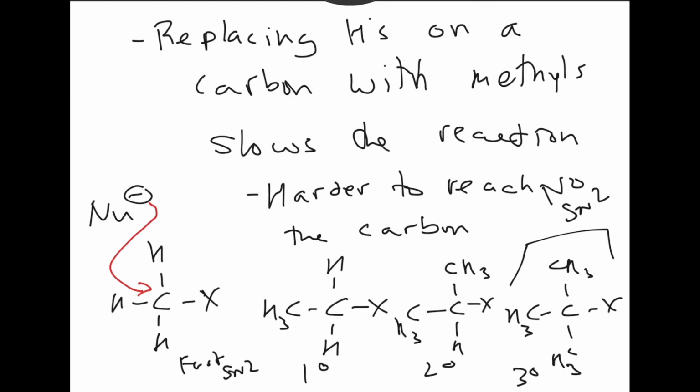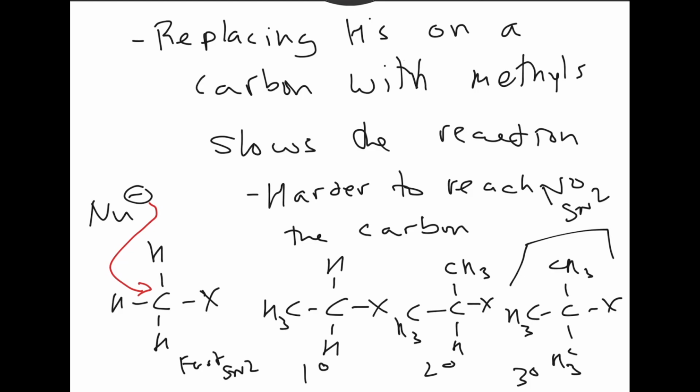And then when you have a tertiary leaving group or a tertiary halide, you can't do an SN2 reaction on a tertiary carbon because there's just too much bulk on that carbon for the nucleophile to be able to reach the carbon that has the leaving group. Right.